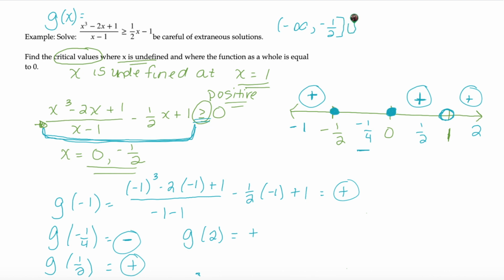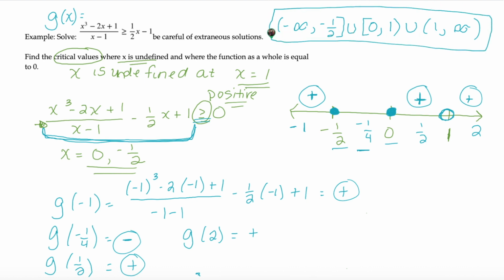I'm going to skip over between -0.5 and 0, and I'm going to start back up again at 0. And I do have to go to +1 because 1 is excluded. And then I'll pick back up at 1 and go to positive infinity. So all of these solutions would work with our graph.